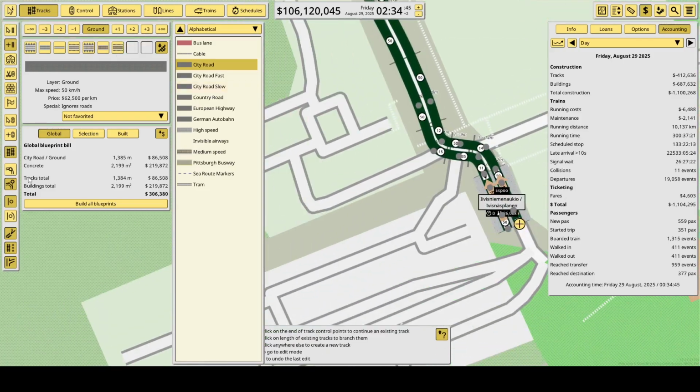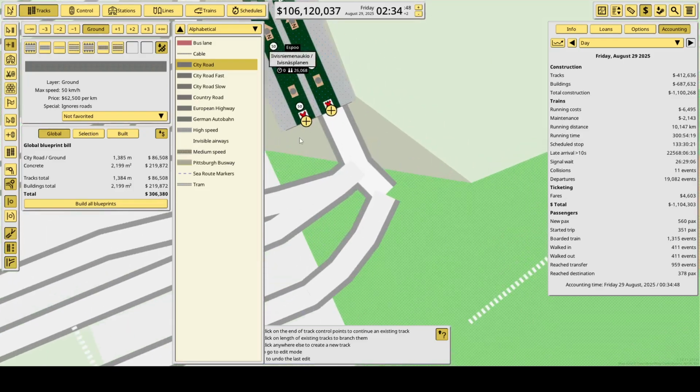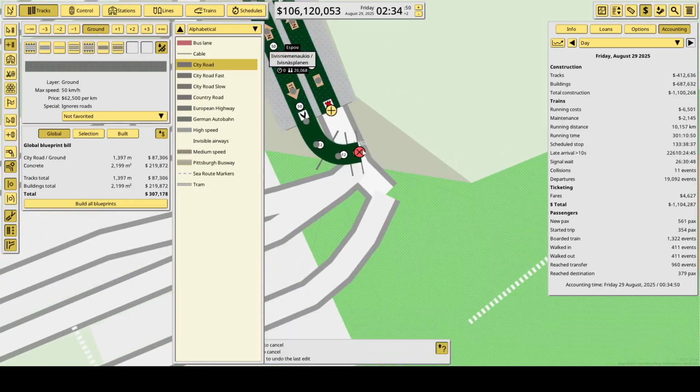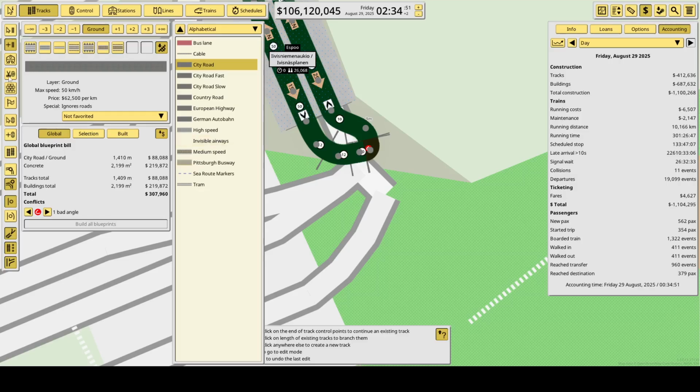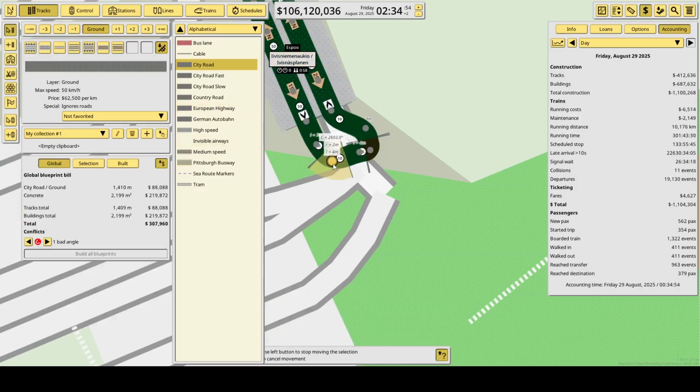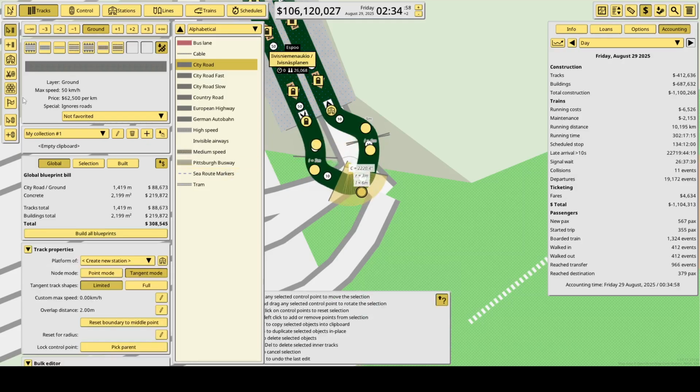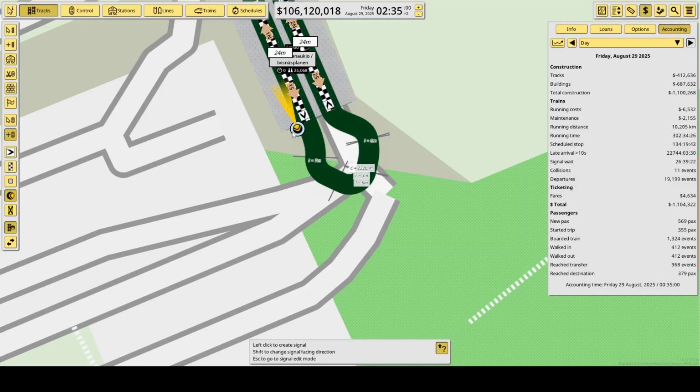And then we're going to build a loop in here, and then we're going to add just one hell of an amount of signals. Because I'm going to run, oops, okay, let's just move this thingy a bit like this.